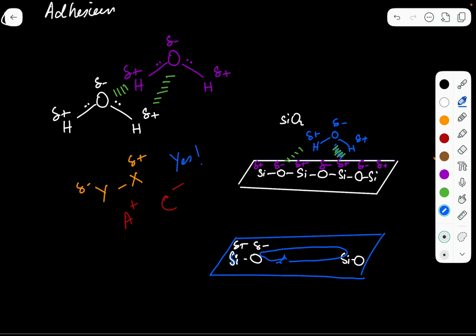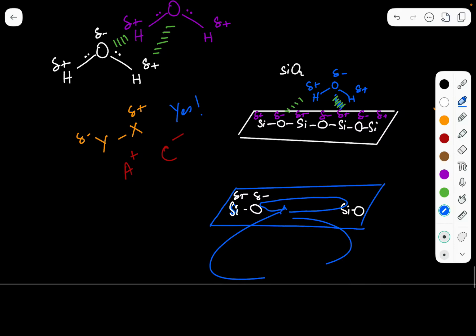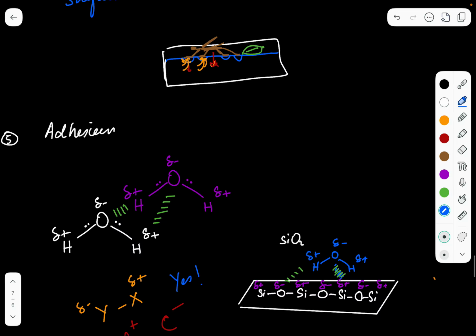Because if you zoom in and you look at what's actually happening to the charges, you will see that the oxygen is partial negative, with partial positive hydrogens. The partial negative is going to want to be attracted to the partial positive of the silica, and the partial positive of the hydrogen is going to want to be attracted to the partial negative of the oxygen, right? That's what you see. So you see water spread. So what exactly is adhesion then?